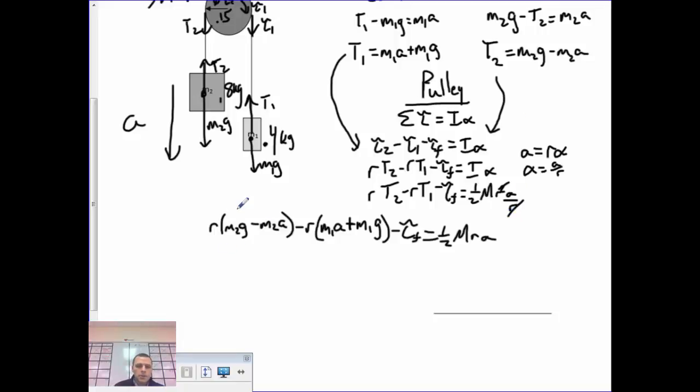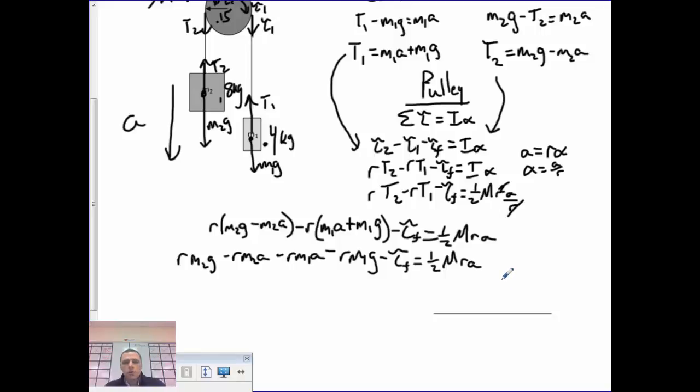Next step is I'm going to distribute the R to every term. So R m2g minus R m2a minus R m1a minus R m1g minus torque friction equals 1/2 mR, capital M, times a.